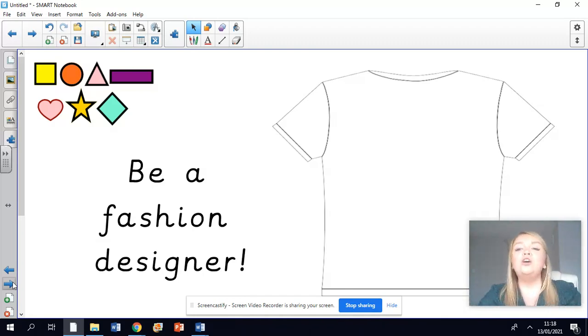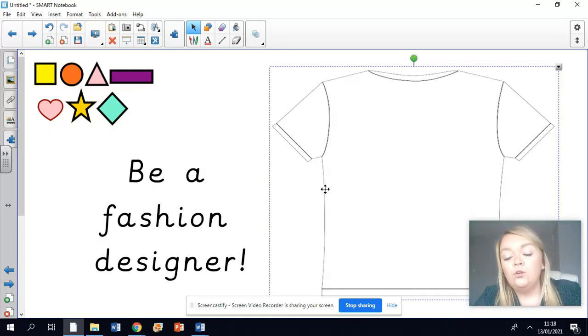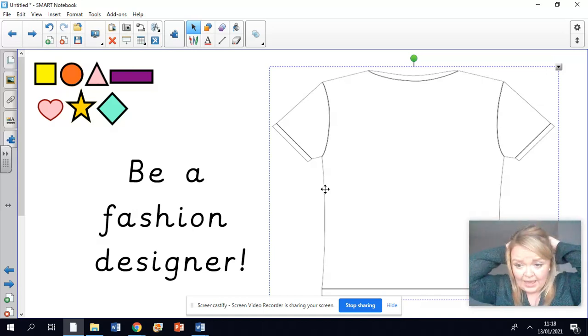Okay, it could be a t-shirt like I got here, and you could draw the outline of a t-shirt, or I will put an outline of some different clothing items on the school webpage if you want to print those out or look at them so you can draw them too. Or you may want to even have a go at making it. You might want to make a hat, a headband or a crown with a different pattern on, or a scarf. You could attach lots of bits of paper together to create a long scarf.